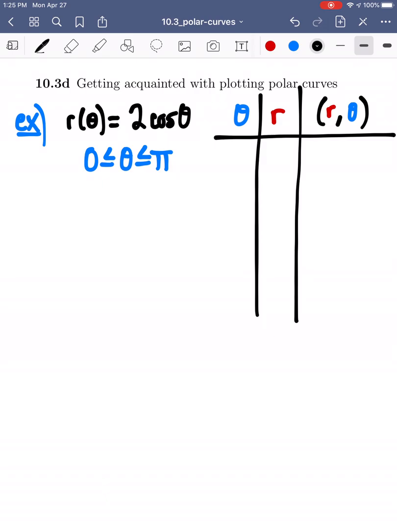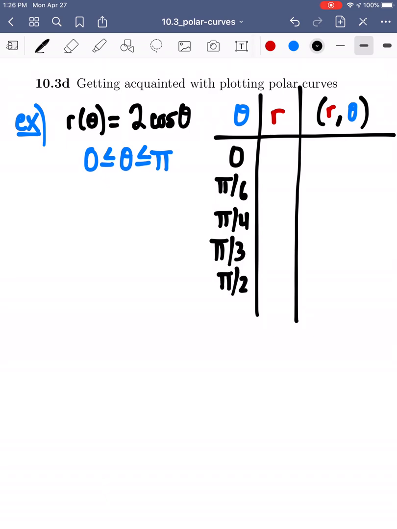Okay, and this is where knowing your unit circle trig values is really going to be helpful. So for example here, let's just consider a couple of the unit circle angles to begin. Say theta equals 0, theta equals pi over 6, pi over 4, pi over 3, and pi over 2.